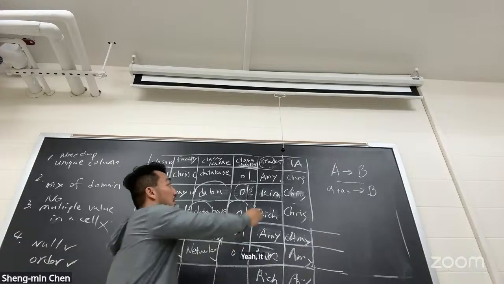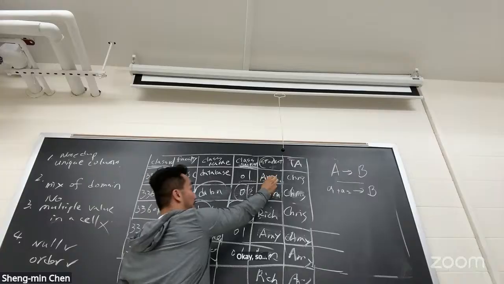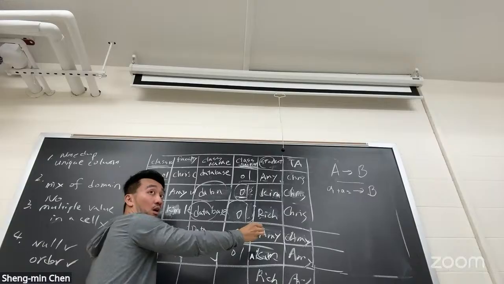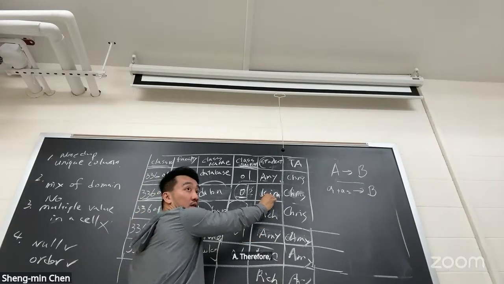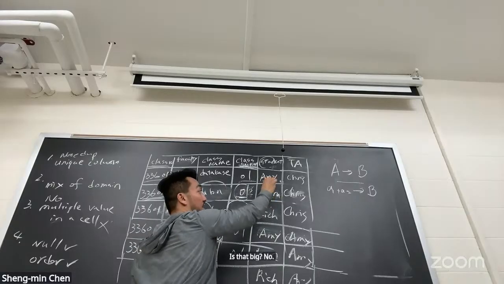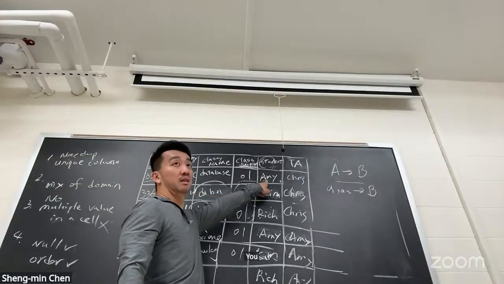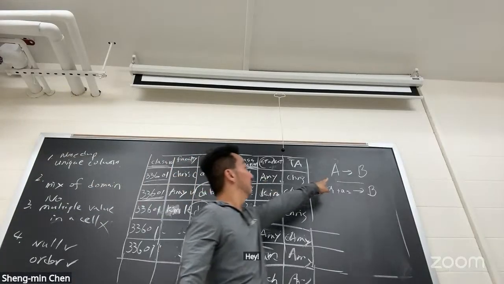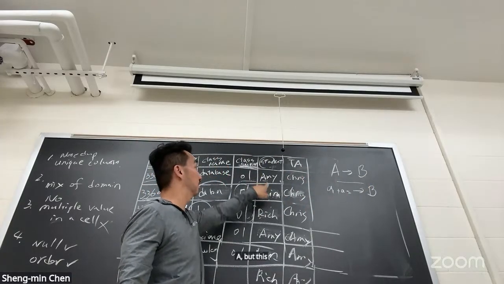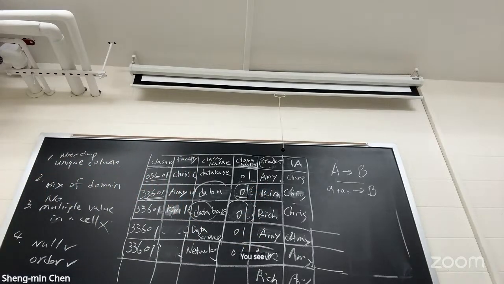It is. Okay, so A, therefore B. A, therefore, is that B? No. They're two different. You see what I'm trying to say? A, therefore B. A, but this is not B anymore. They are two different. Another violation. You see that?